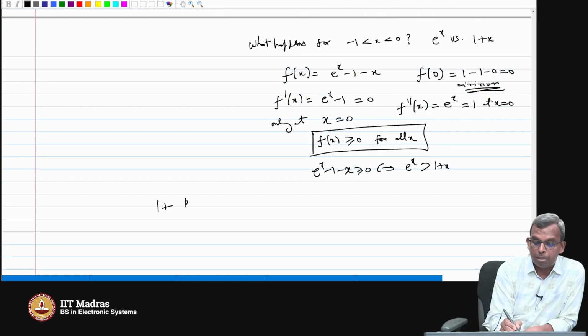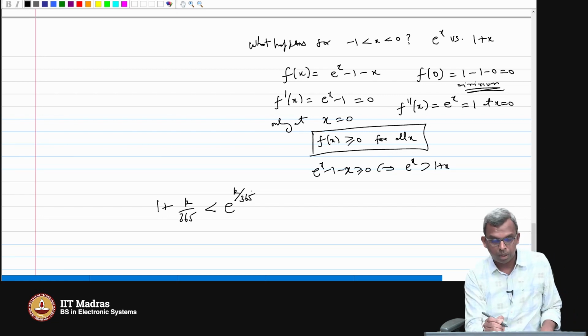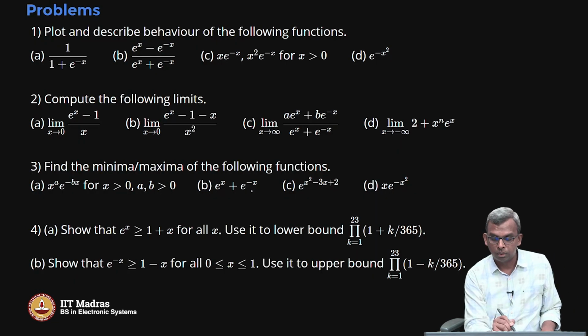1 plus k by 365 is less than, I am sorry, did I get this right? Maybe I can upper bound this, I do not know, is lesser than e power k by 365.